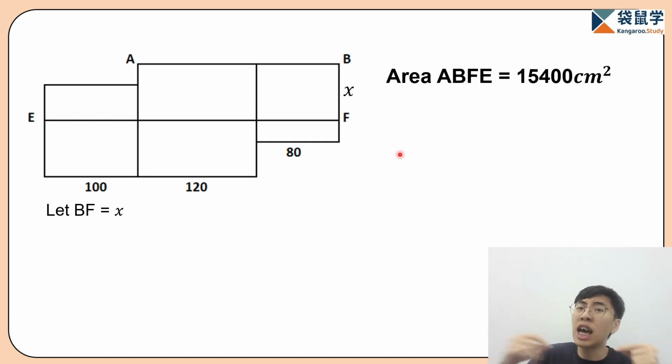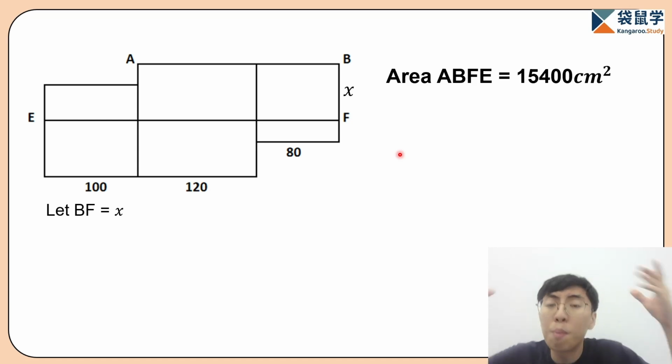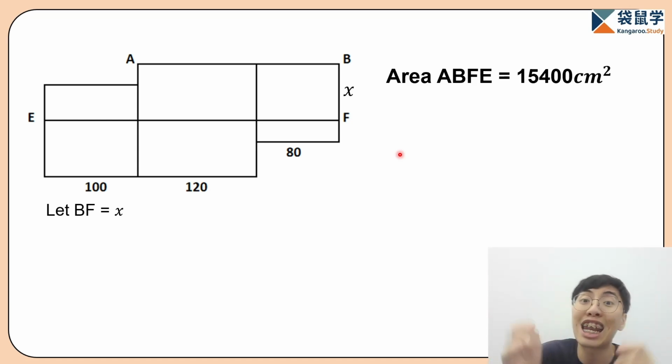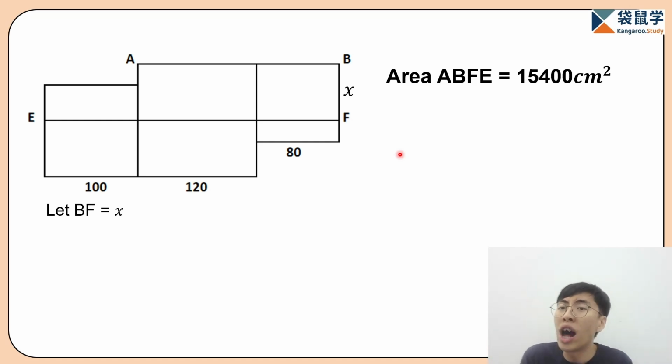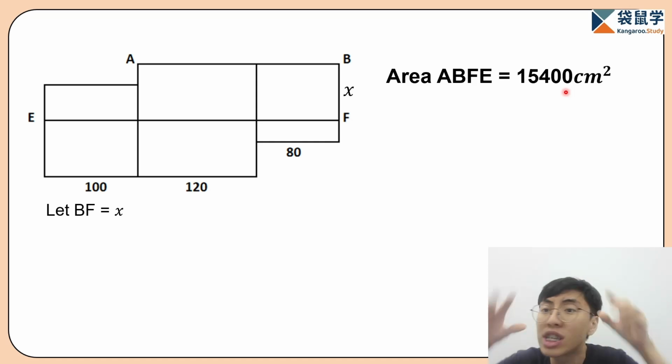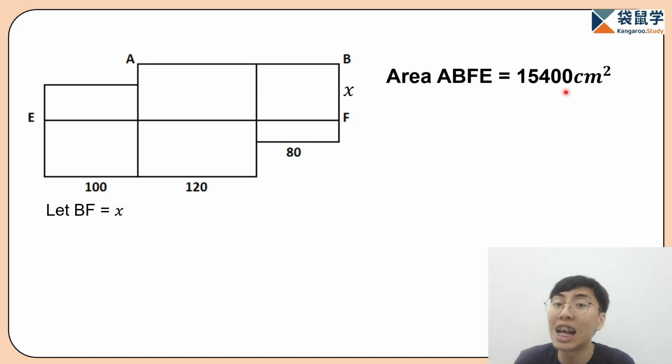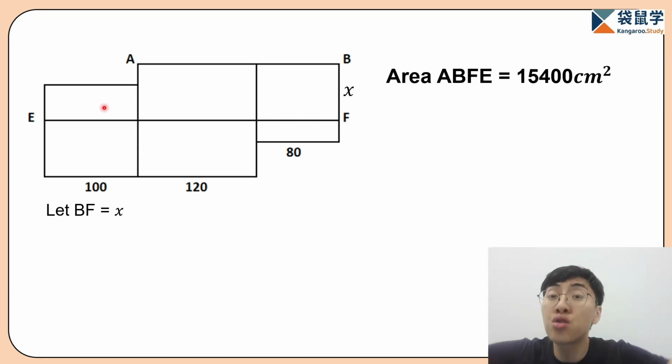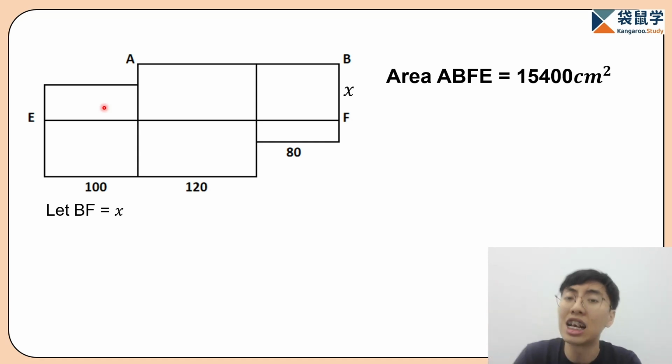But after we set x, what do we need to do? We need to find an equal relationship between the parts to set up our equation. We know that the three rectangles sum out to be 15400. So we just need to use x to represent the area of the three rectangles, and we should be able to find the answer for x.